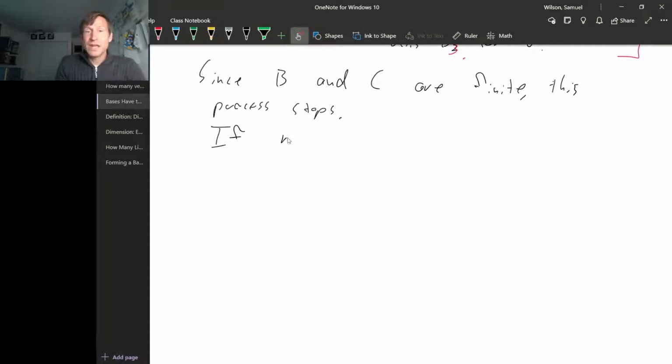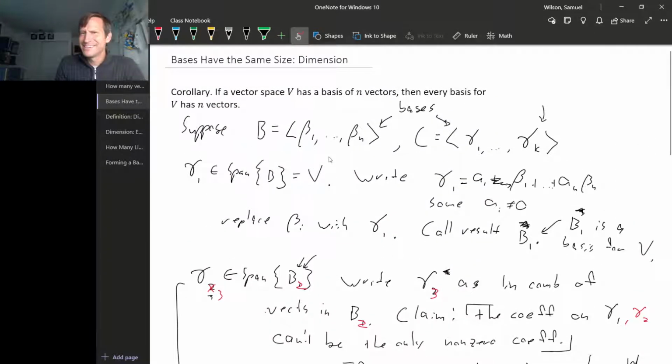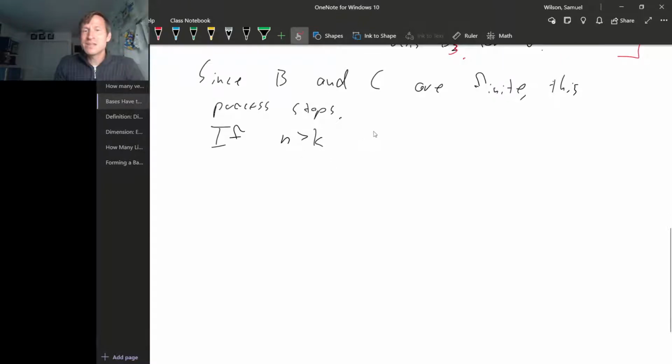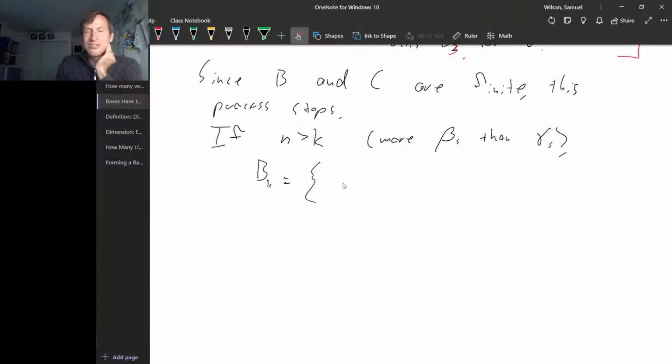If n is bigger than k, I think I called it k, yes. So if n is bigger than k, in other words, we have more betas than gammas, then our last basis, which I guess is going to be B sub k, this last basis we formed by doing this replacement process, looks like, I need an angle bracket.